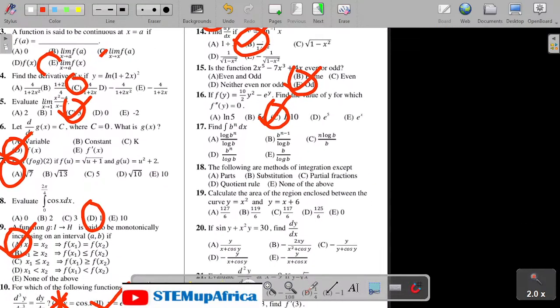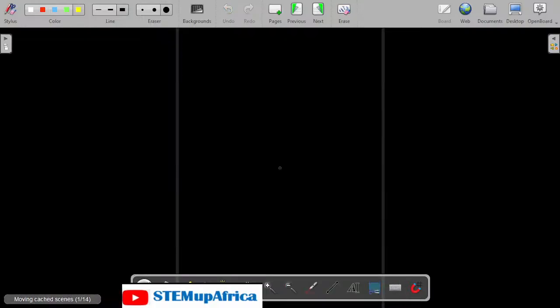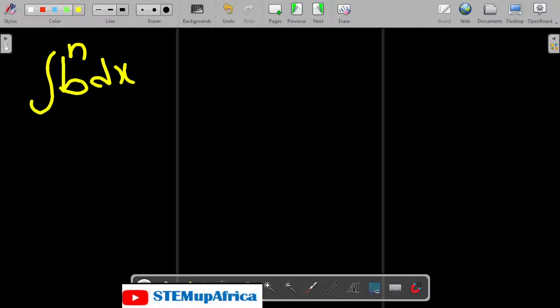So let's look at question 17. It said integrate b raised to the power n dx. We are asked to integrate b raised to the power n dx.